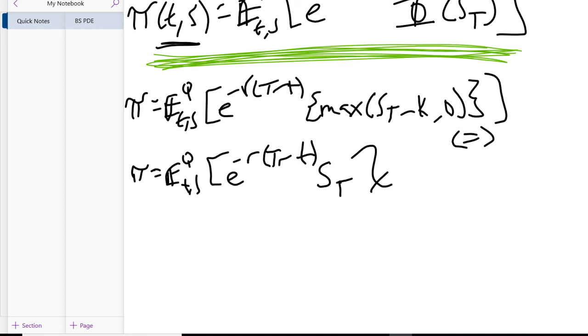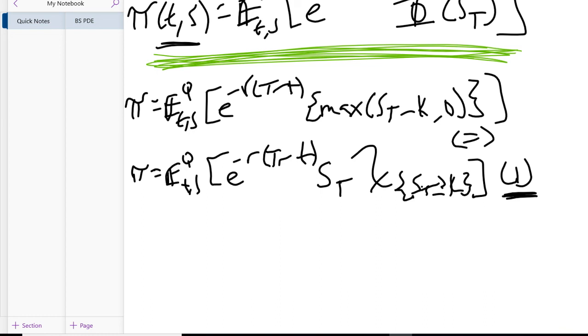I use it as an indicator function. I think some people also write like a big bold I. I think some people also write like a double one looking type symbol. But I like to use chi. Chi, so it's an indicator given that s at terminal greater than k. So we'll call that equation 1.